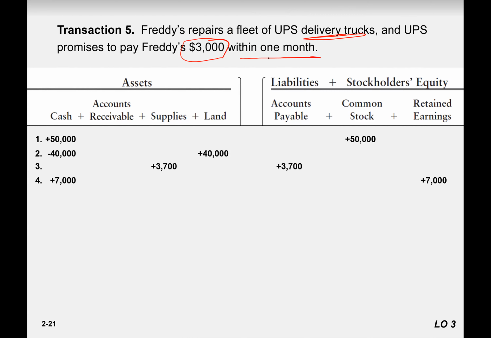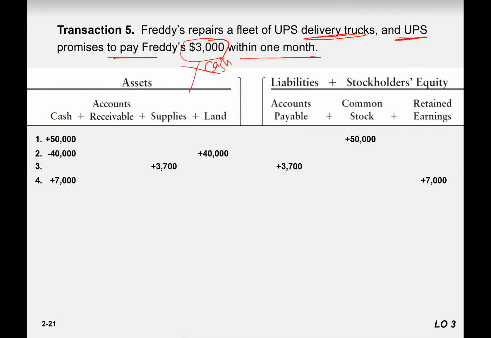So is it cash? Is it cash, 3,000? Is it accounts payable? Remember, Kathleen, read one more time. Fridays repairs a fleet of UPS delivery trucks, and UPS promises to pay.